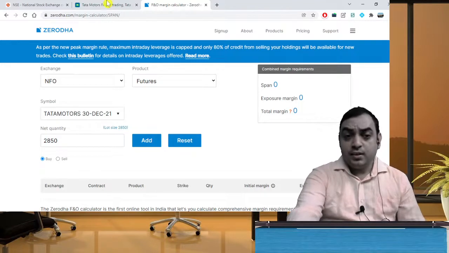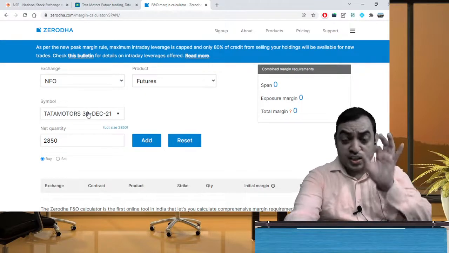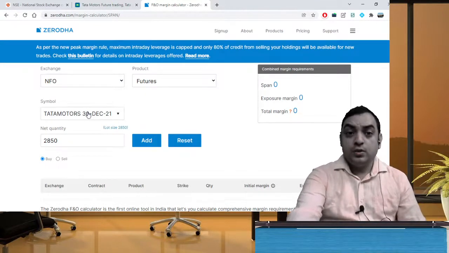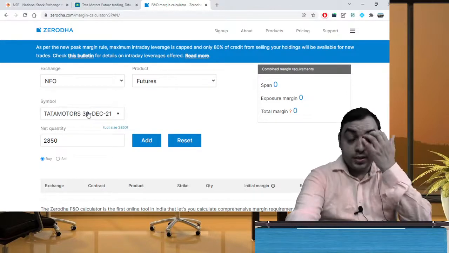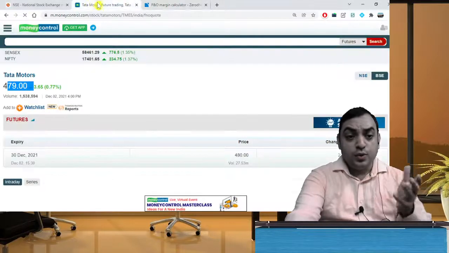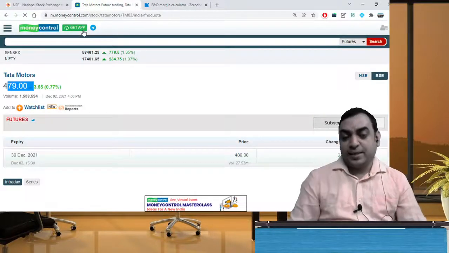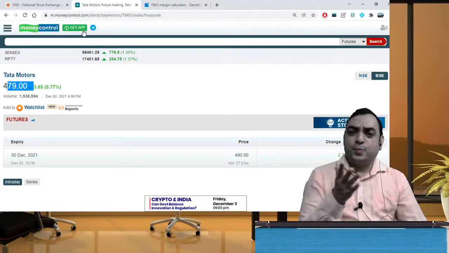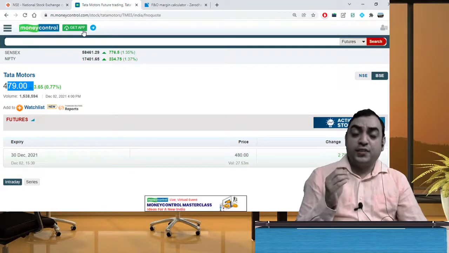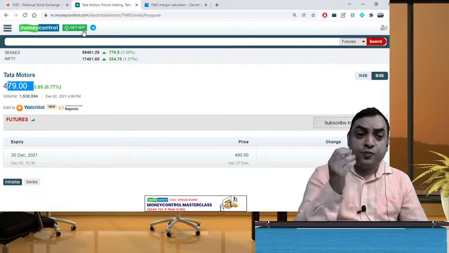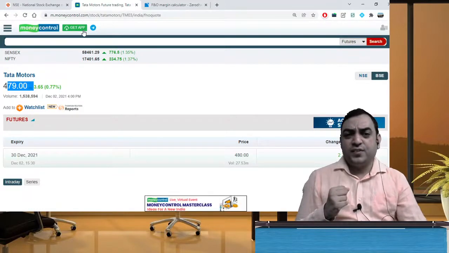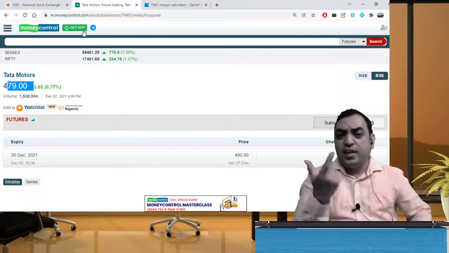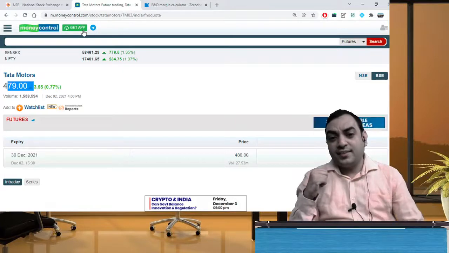Can you tell me, if you want to purchase 2850 in the spot market, how much does it cost you? 2850 into 478, let's say. So you can think, sir, spot market also 478, in future also 479. Only 1 rupee difference, hardly any difference. I'll go to the spot market only. Why should I go to the future market?